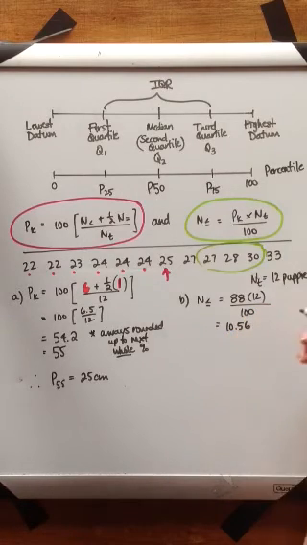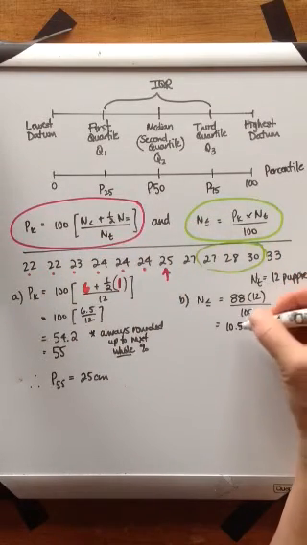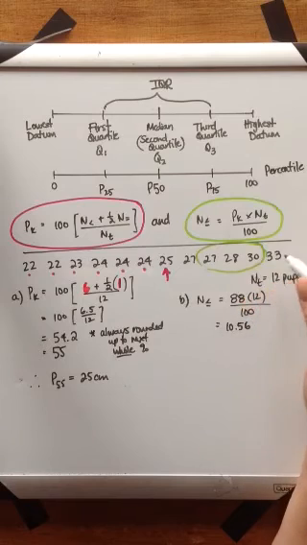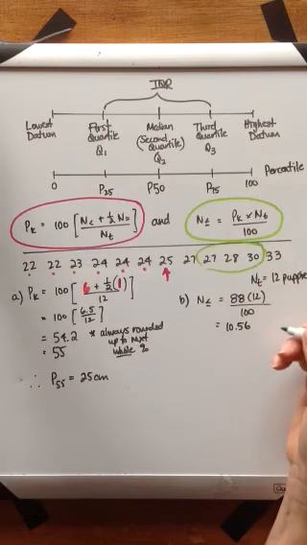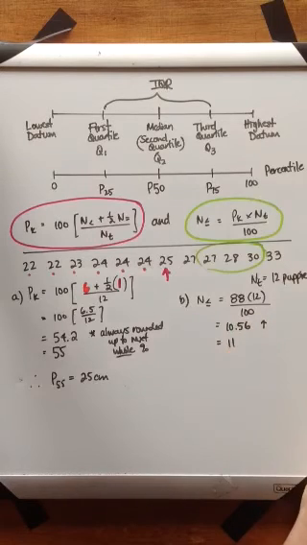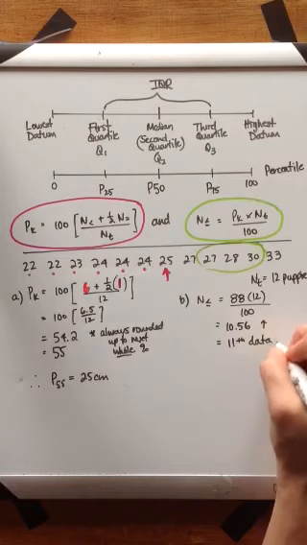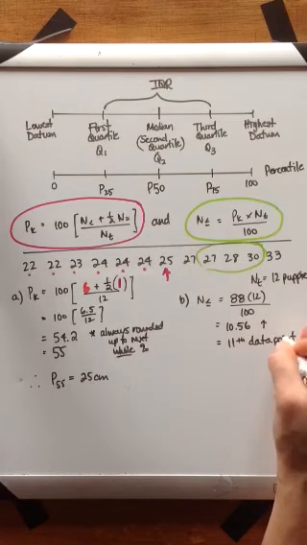So this is the number of the data points counting across that represent the 88th percentile, but we can't have 0.56 of a data point when counting data points. So again, we're going to round this up to the nearest whole, which is the 11th. So the 11th data point is where we would find the 88th percentile.